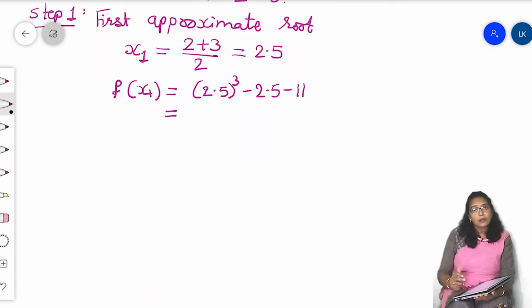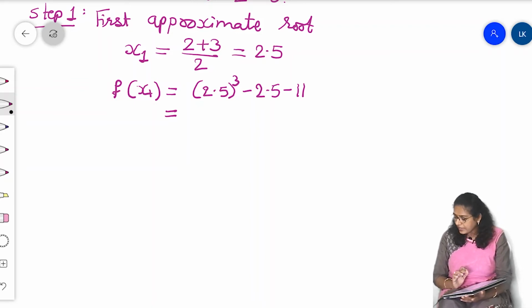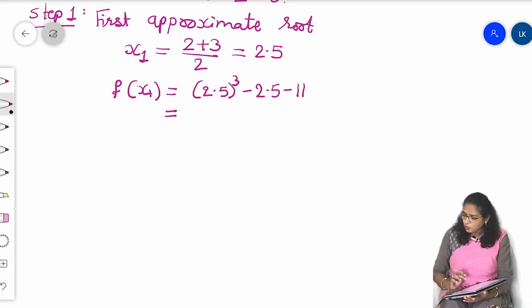Here it is a little bit difficult to calculate ourselves. So use the calci. Always put our calci in radian. You can use the calci and its answer is 2.215.